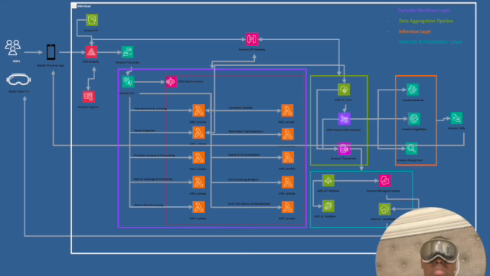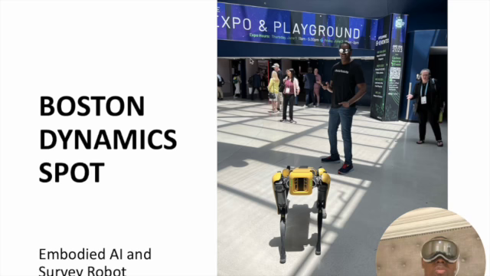Soon we'll go even further by allowing the middleware, or the cloud in this case, to control the Spot directly using its own logic. We're not quite there yet, but we're working on it.